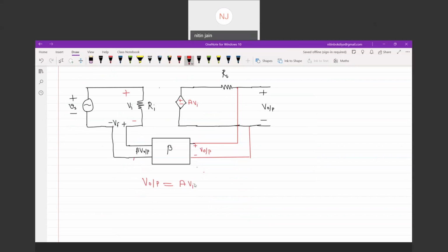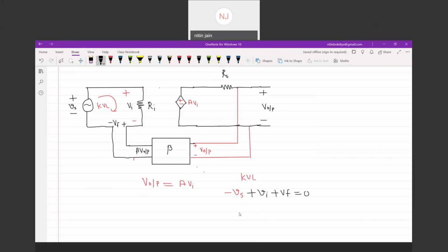The actual input of the circuit is VS. So we can get one more relationship by applying KVL: minus VS plus Vi plus Vf equal to 0.